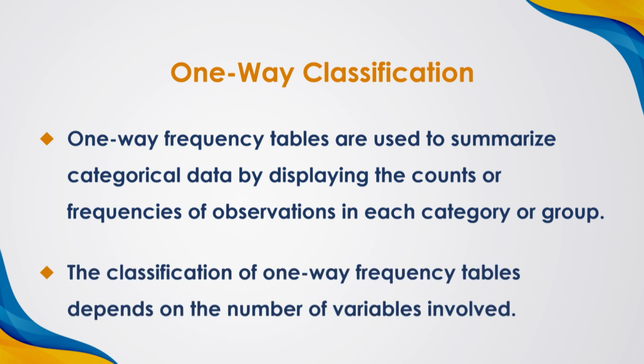The classification of one-way frequency tables depends on the number of variables involved. Here you will be going with a one-way classification, which will be presented as the usual table, whereas in the further lessons we can move on with the two-way classifications where you can make it as a contingency table.